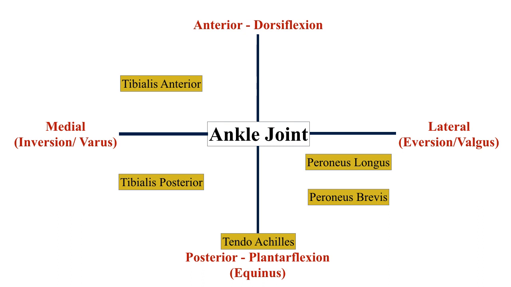So, as they are present in the posterior aspect of the ankle joint, they can cause plantar flexion, and as they are present on the lateral side, they cause eversion or valgus at the subtalar joint. Now, hope you have understood the important muscles, the joints in which they act, and the movements which they cause.